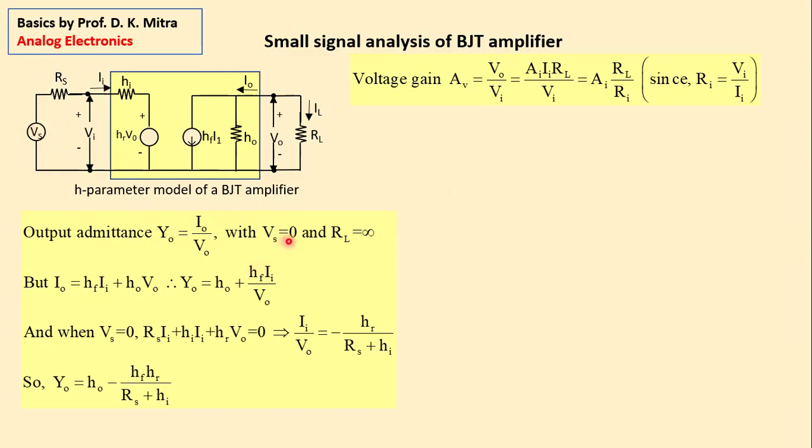So when VS is equal to 0 and also RL is considered to be infinity, that means this is open circuited. That means we are measuring the output admittance of the transistor amplifier without the next stage load resistance, because load resistance, we said repeatedly, is not a part of the amplifier. It's a part of the next stage. YO is IO by VO.